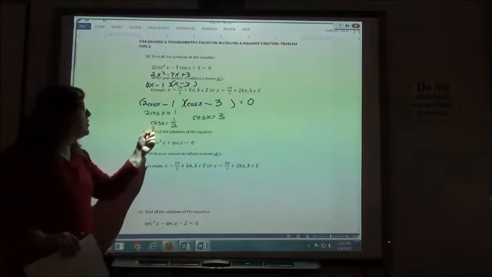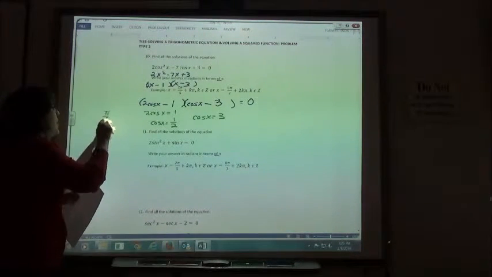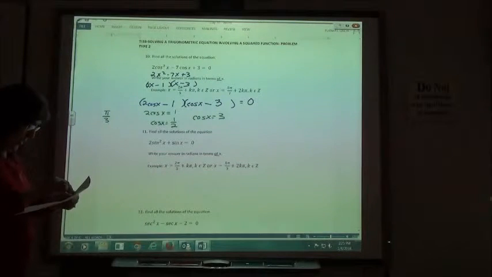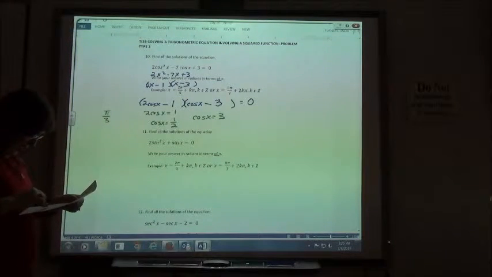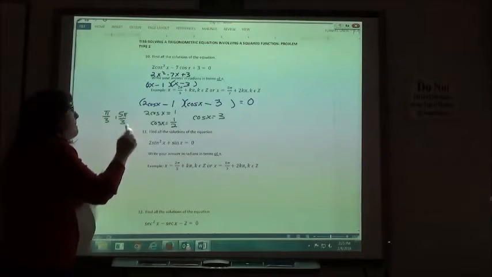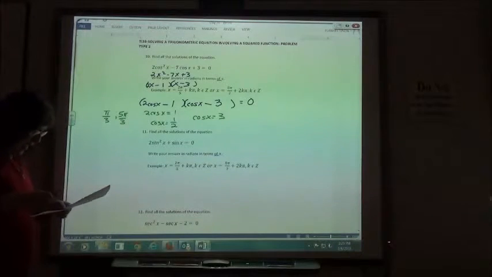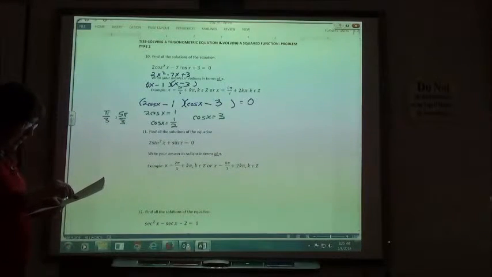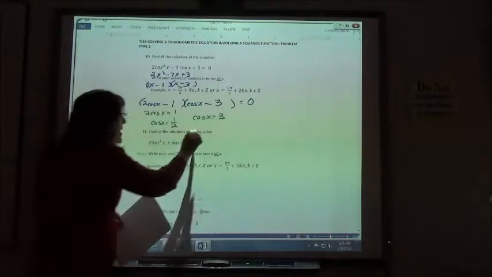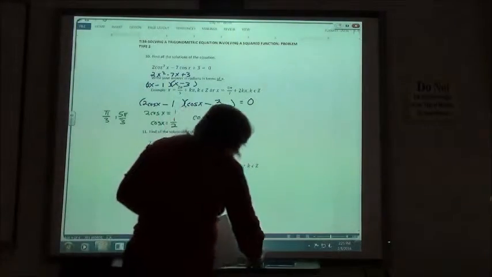So first thing I'm going to do is look for where my cosine of x equals 1/2. Cosine equals 1/2 at pi over 3. And looking down my list, it doesn't equal 1/2 again until 5 pi over 3. Looking for where the cosine of x equals 3, if I look down my list, there is not a single one where it equals 3. So I'm going to put in my 2 answers.